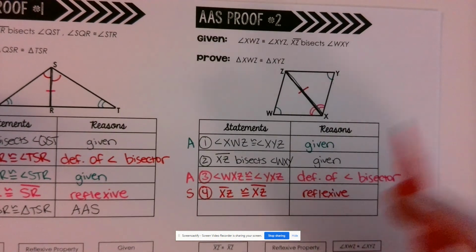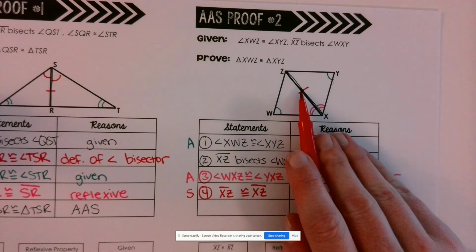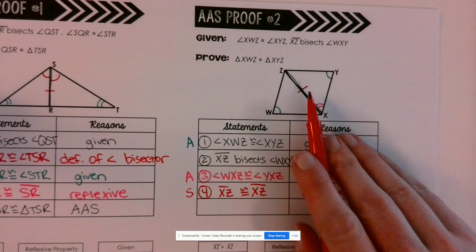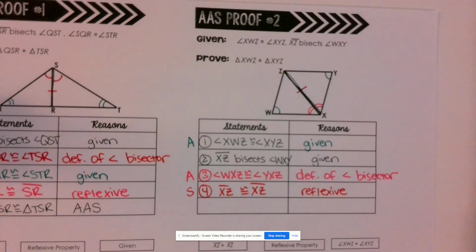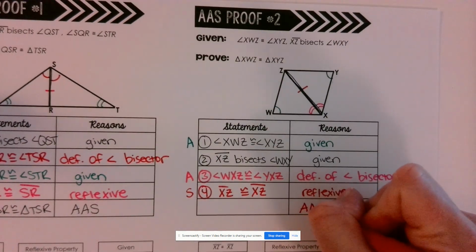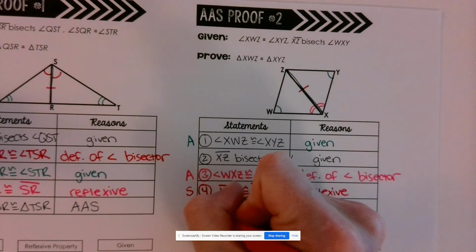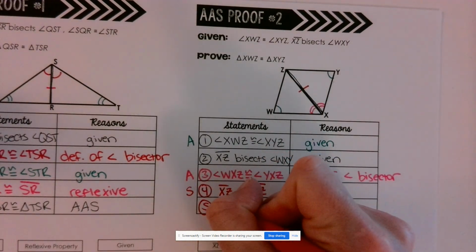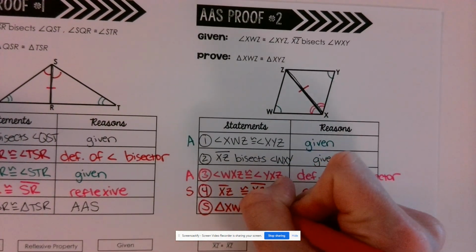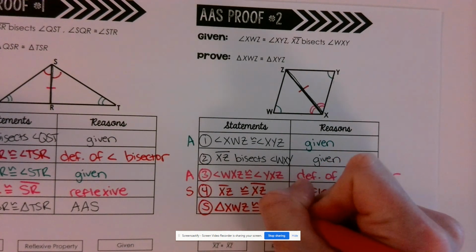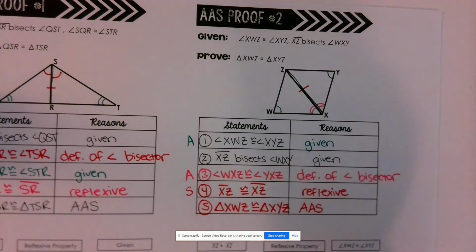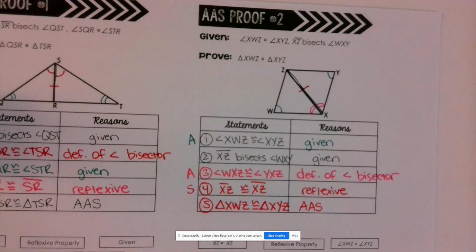And so looking in the picture, we have an angle-angle-side congruence theorem. The side is not in between the angles, so that makes this an angle-angle-side, not angle-side-angle. And so our final statement, triangle XWZ is congruent to triangle XYZ by the angle-angle-side theorem.